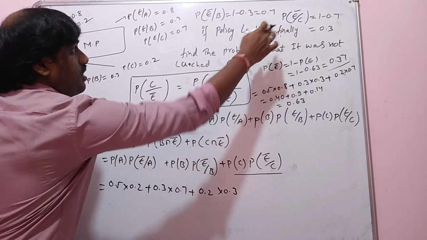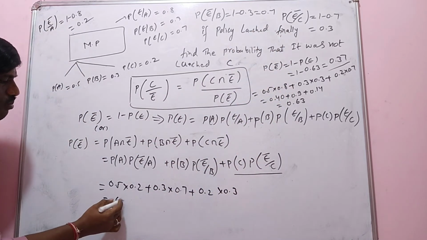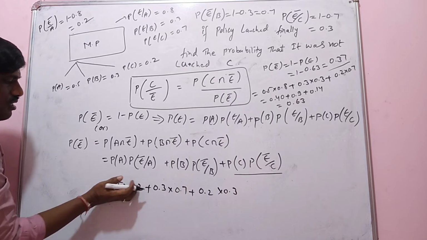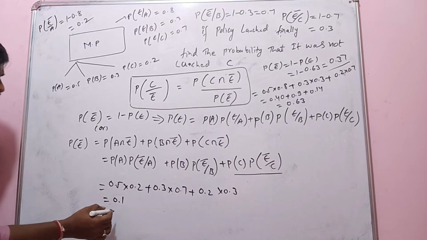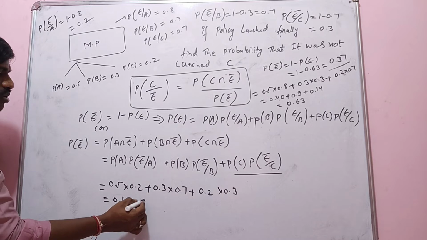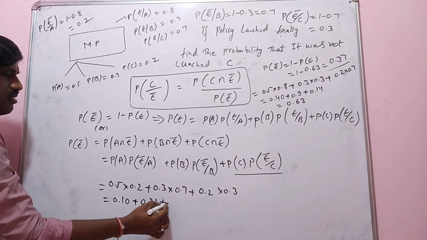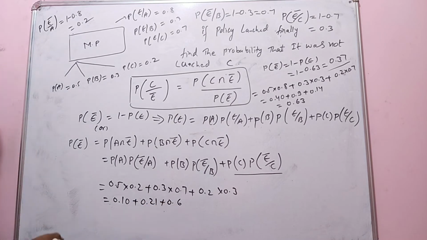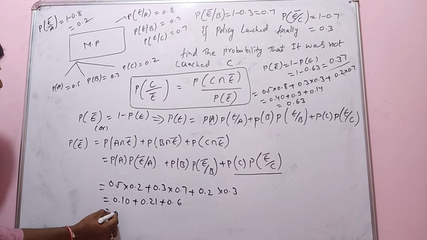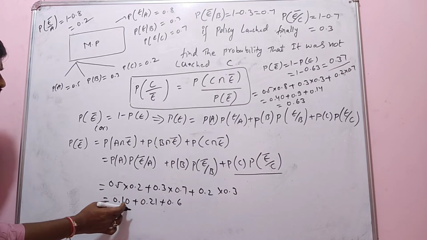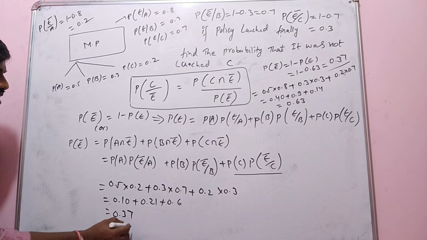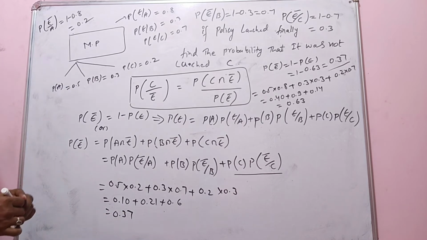This is what I did here. So 0.2 into this, that is 0.10, plus 0.21, plus 0.6. If you add this, I will get 0.37.